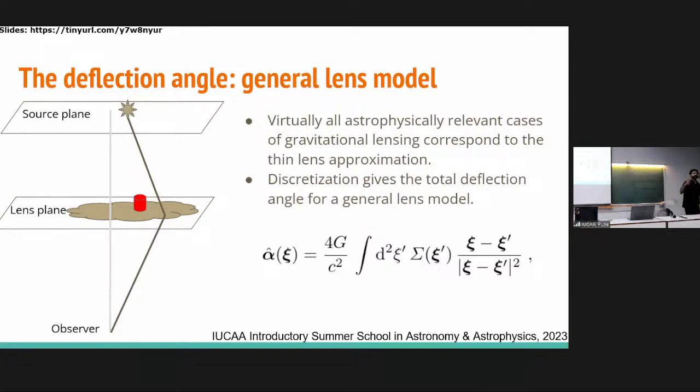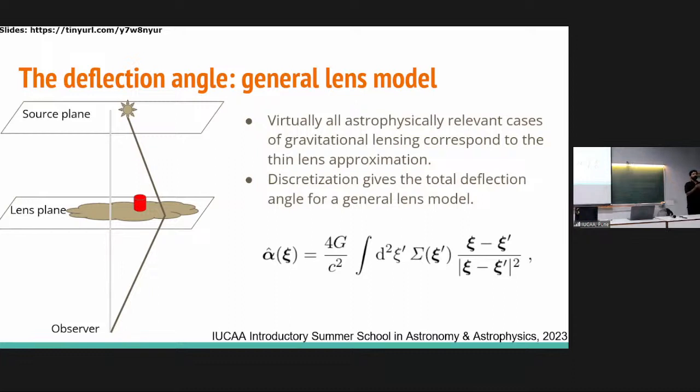The reason for this is virtually all astrophysically relevant cases that you see correspond to this kind of configuration, where there is a source which is far away, then there is something which comes in between, okay, and then you are the observer.